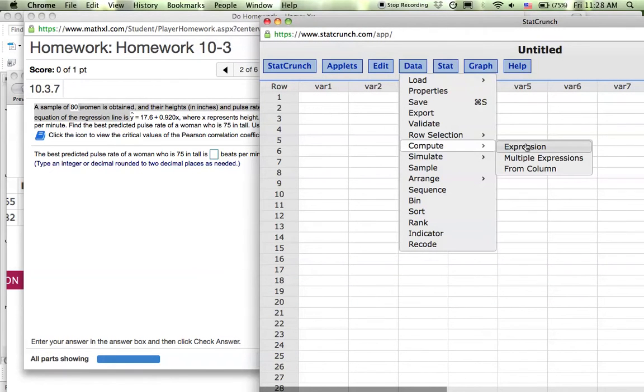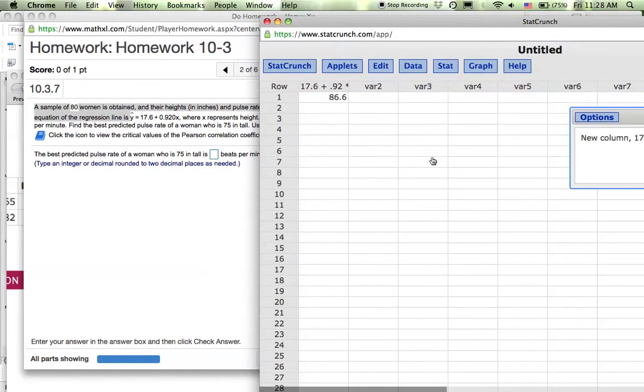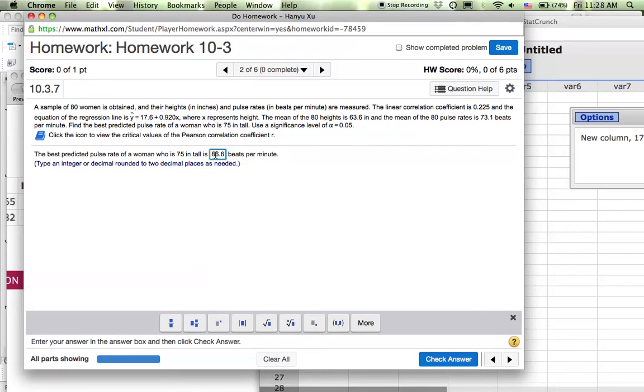Data, compute, expression: 17.6 plus 0.92 times 75. Okay, so if you click compute here, you will get this number. Okay, so that should be your answer.